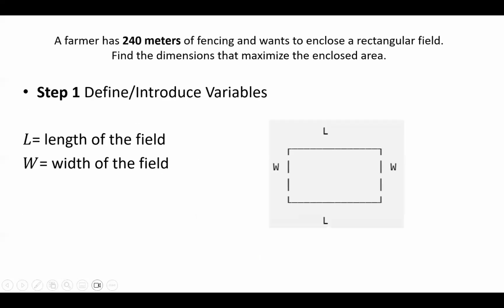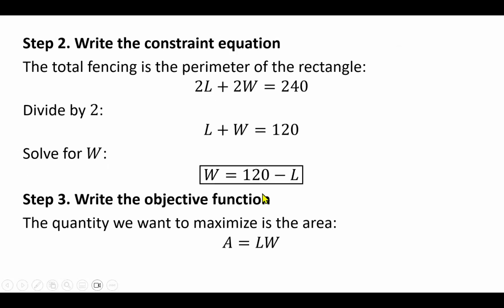and the maximum. So for example, a farmer has 240 meters of fencing and wants to enclose a rectangular field. Find the dimensions that maximize the enclosed area. So I'm gonna introduce my variables. L is the length, W is the width.